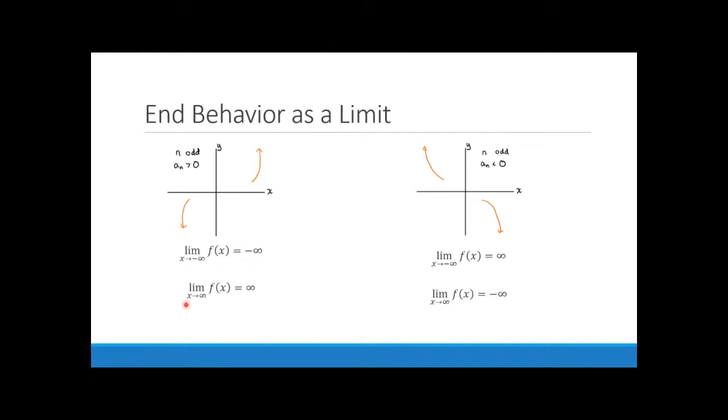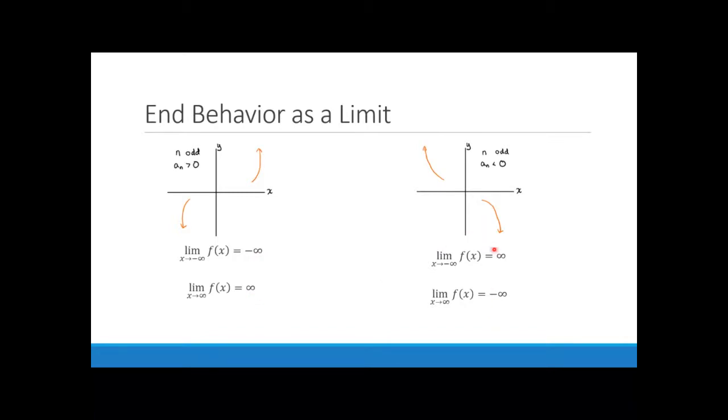And then the limit as x goes to positive infinity, so that means as my graph goes further to the right, my actual graph itself is going up towards positive infinity. So now this is giving a notation to indicate whether it falls or rises. It falls if it goes to negative infinity, it rises if it goes to infinity.